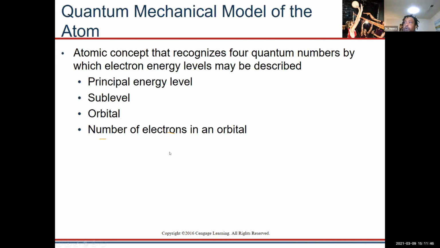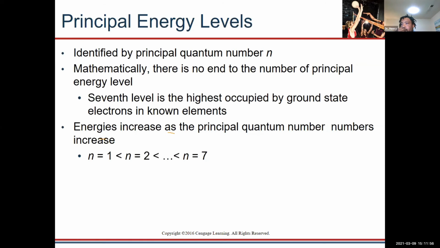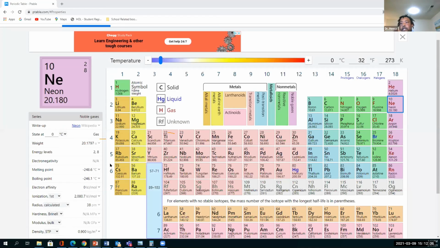So you have 4 quantum numbers: the principal energy level, the sub-level, the orbital, and the spin. N could go from N equal 1 all the way up to infinity. On our periodic table, we're limited to only go to 7, but in theory we can go beyond 7, because there's a possibility that we'll discover more and more elements.